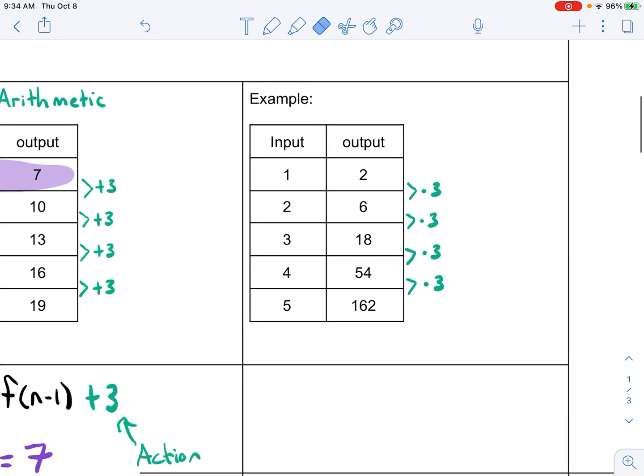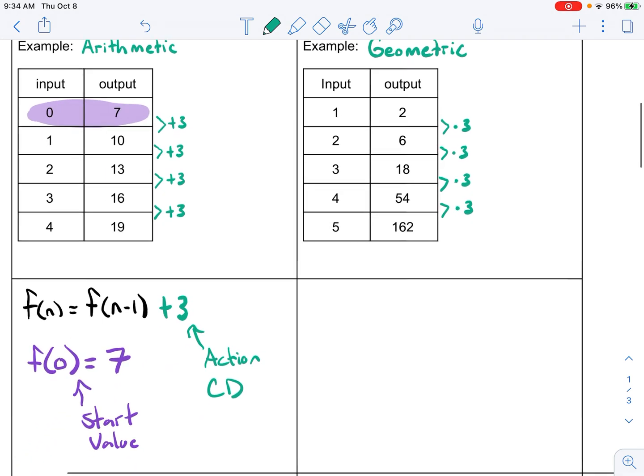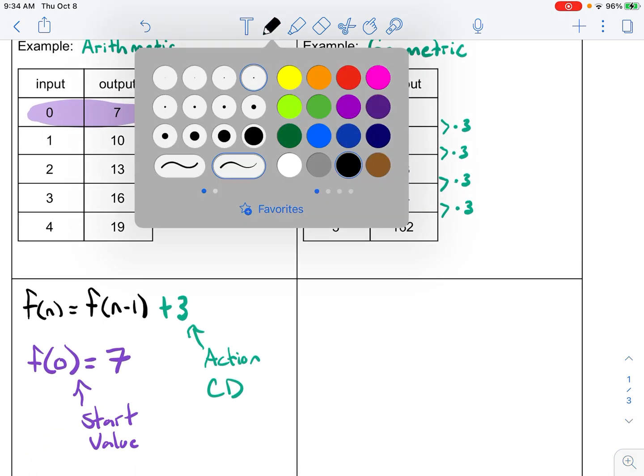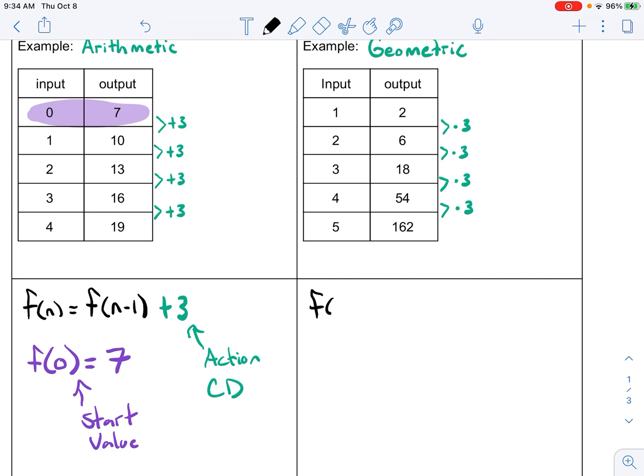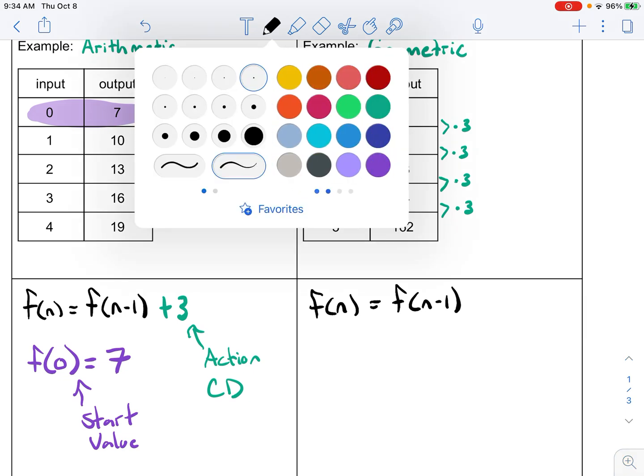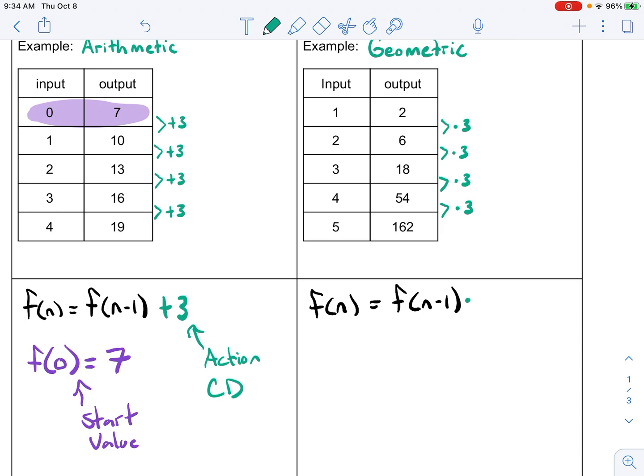Okay, so this is a geometric sequence. And our recursive equation is going to be similar to that we just did, because f of n equals f of n minus 1. That part doesn't change. But in this case, our action is to multiply by 3.